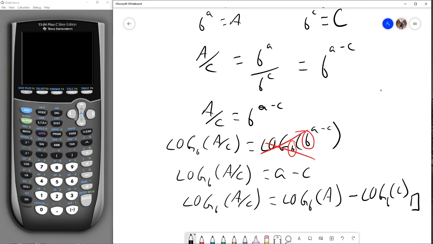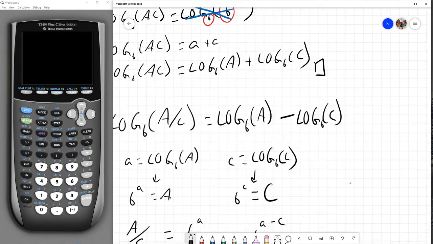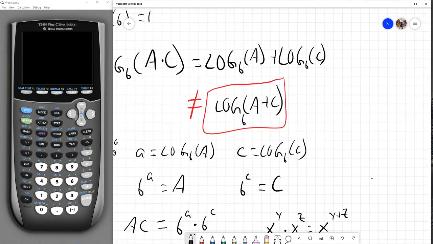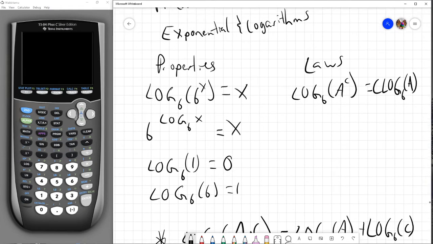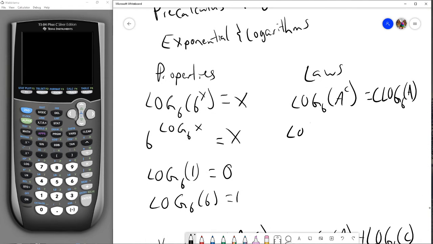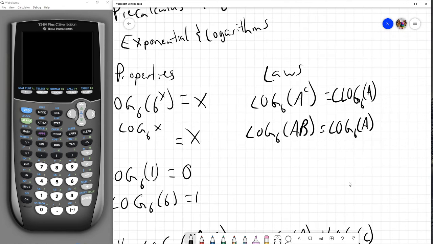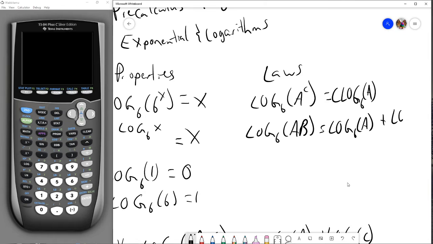Alright, so let's go ahead and scroll up and we'll add our last two fun facts to our list here. Log base b of ac is equal to log base b of a plus log base b of c. Oh, why did I put a b there?